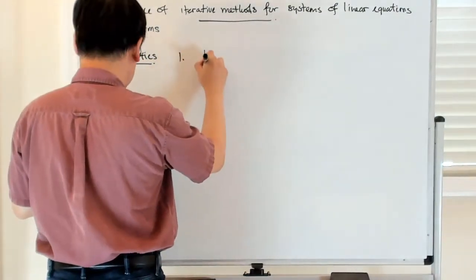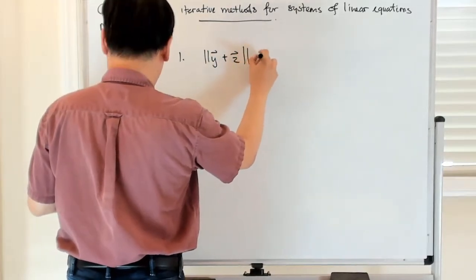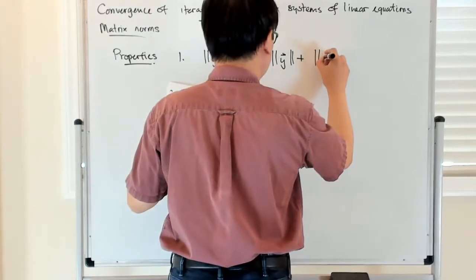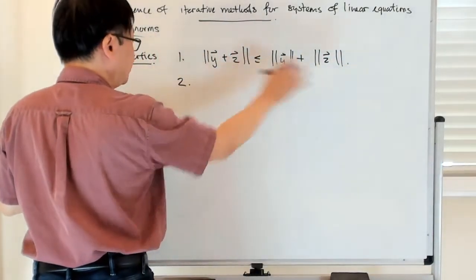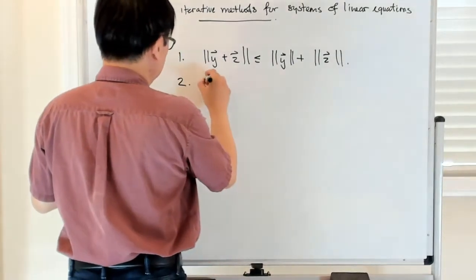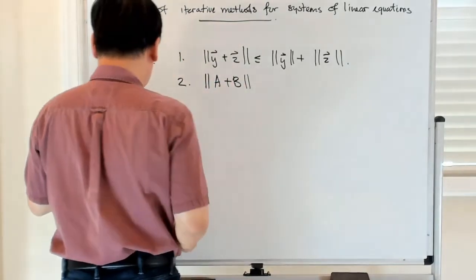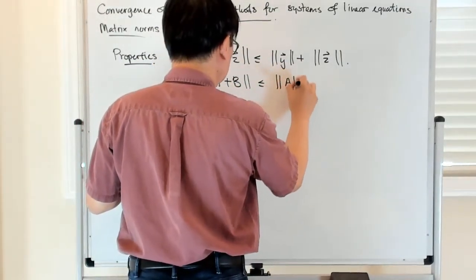The first one is that they have the triangle inequality. This is just a property of the vector norm. And then if you have the norm of the sum of two matrices, that again has a triangle inequality.